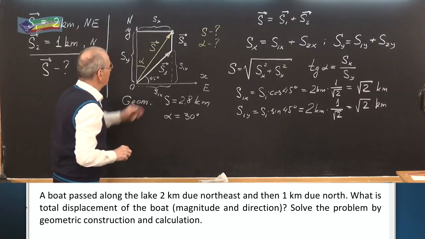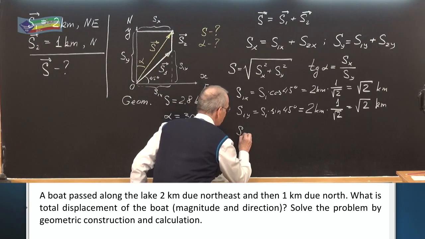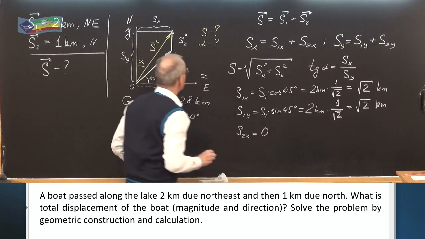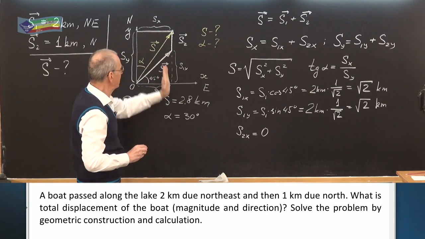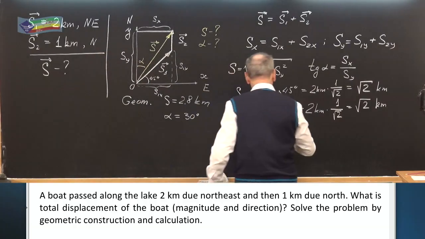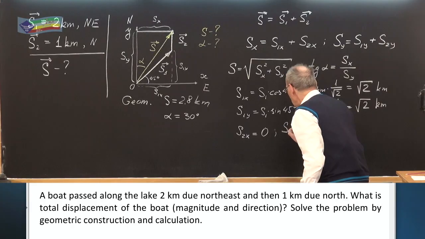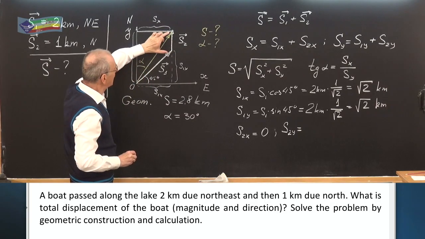The next vector, S2. S2x equals 0, because the S2 vector is perpendicular to the x-axis. On the other hand, S2y is this segment.